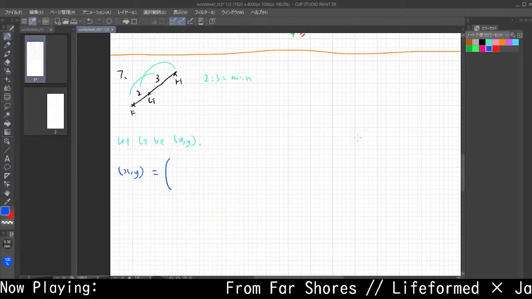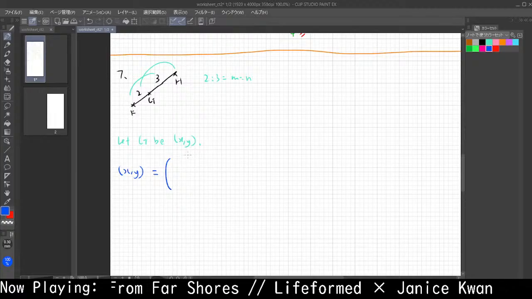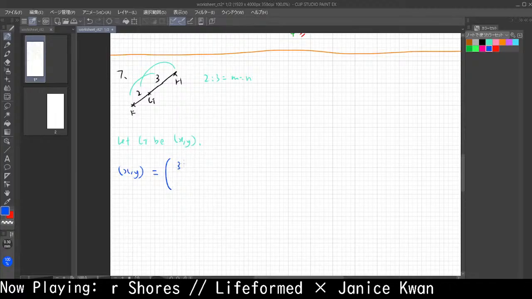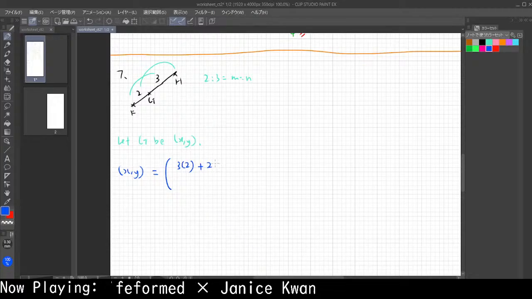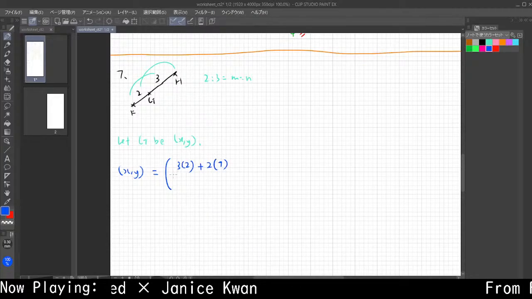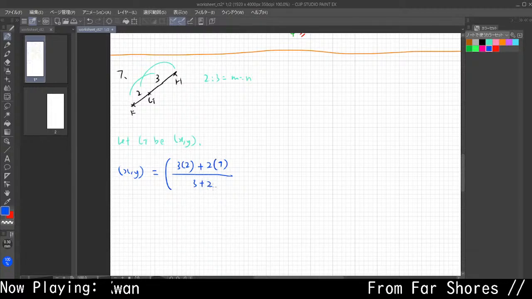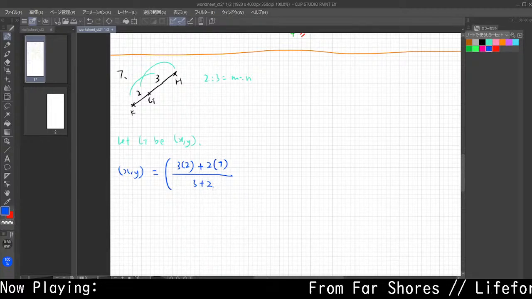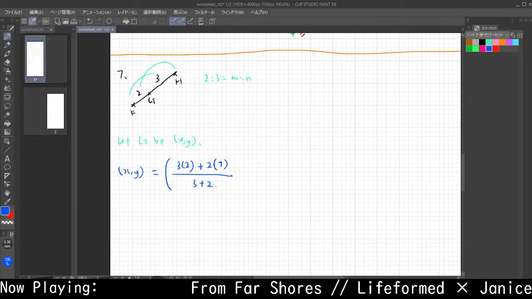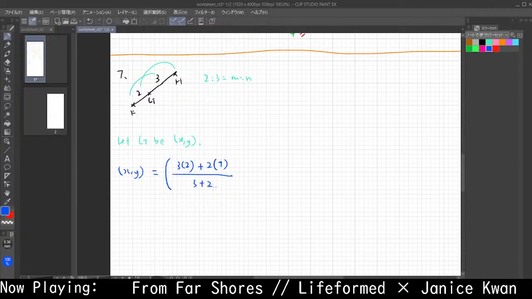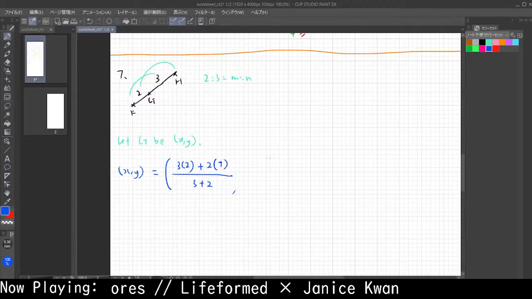So 3 multiplies F's x, which is 2, and then 2 multiplying your H's x, which is 7, divided by the total number of parts. In this case it's 3 plus 2, so you have 5 in total, but I write 3 plus 2 for clarity purposes.